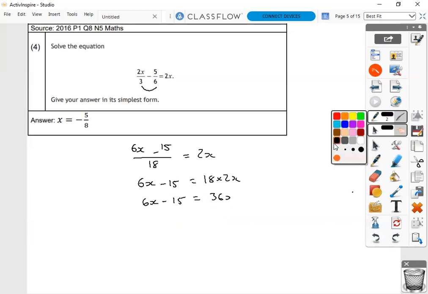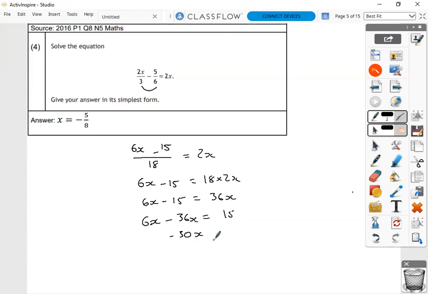So it'll be 6x minus 36x equals 15. Okay. So that will give me negative 30x. I've gone wrong somewhere. Should give us negative a half, which is more right.